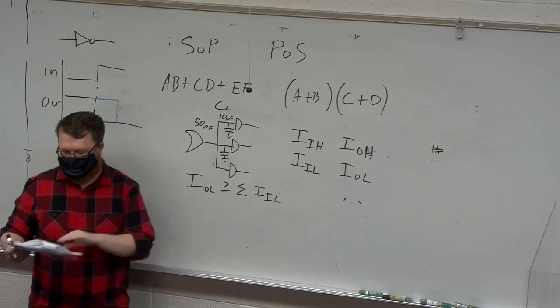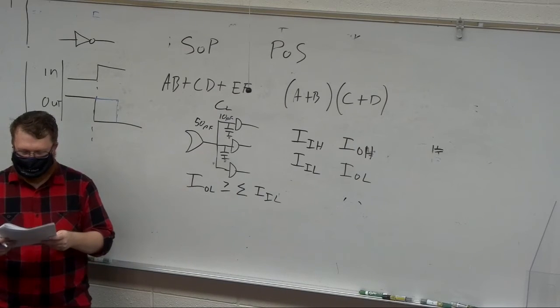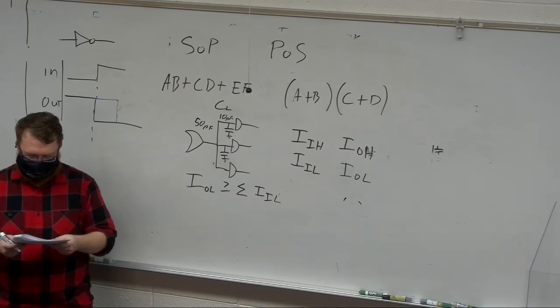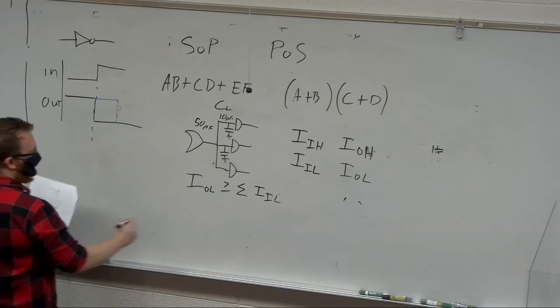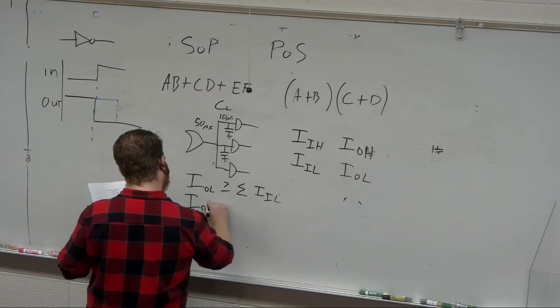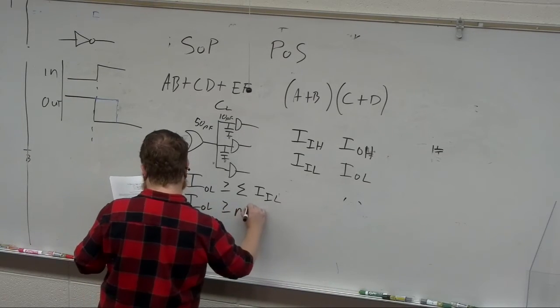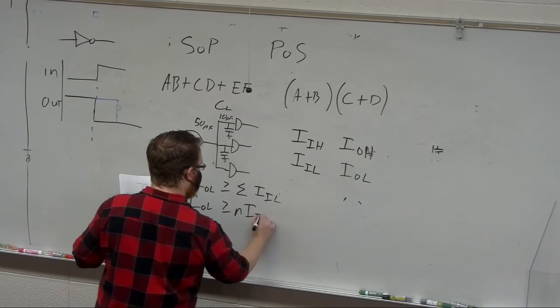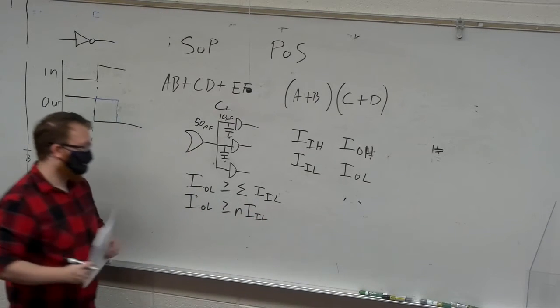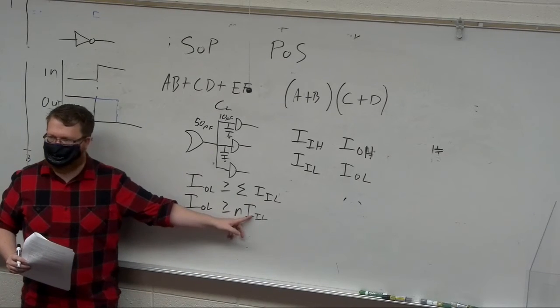If you have all the same devices, you can simplify that down to IOL is greater than or equal to N times IIL, because I just have some number of devices that each have a fixed IIL.